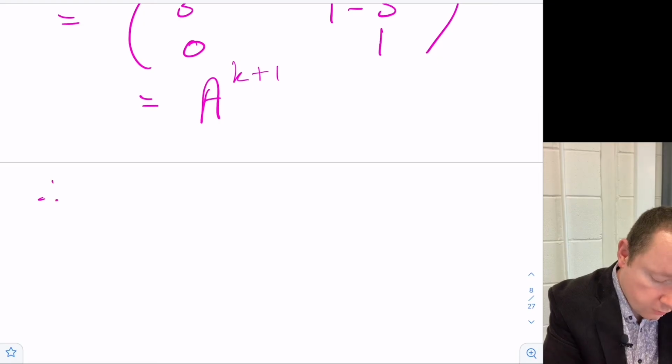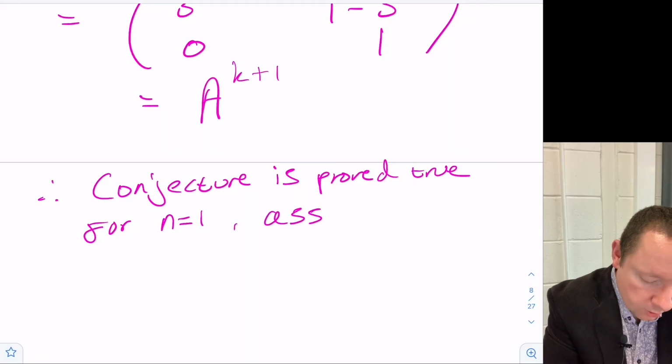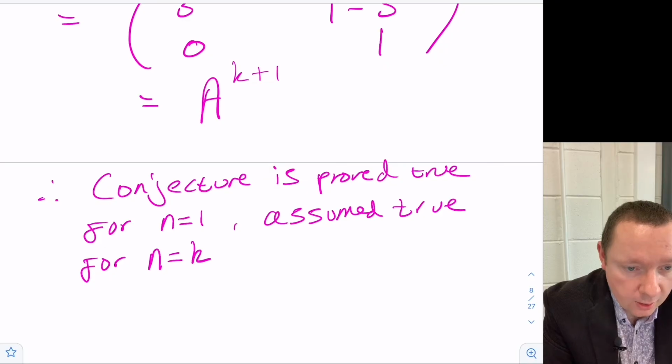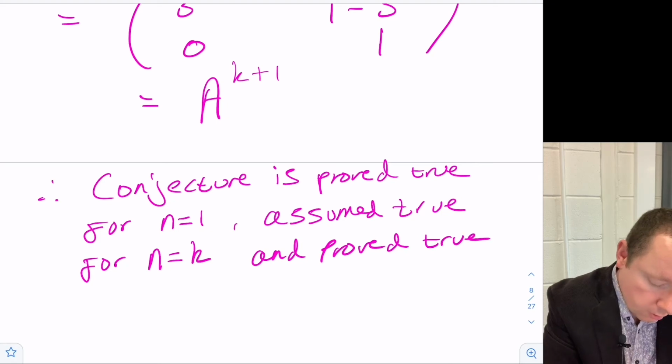So therefore, the conjecture is proved true for n equal to 1, assumed true for n equal to k, and proved true for n equal to k plus 1.